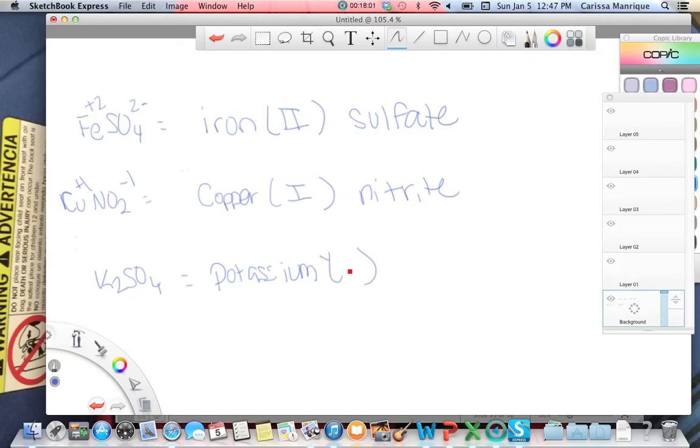Nope, because it is a main group. So then SO4 is just sulfate. So potassium sulfate. So really what you're trying to decide between all of these examples is, will it have a parentheses in the name or not? And again, a main group will not, but a transition metal will.